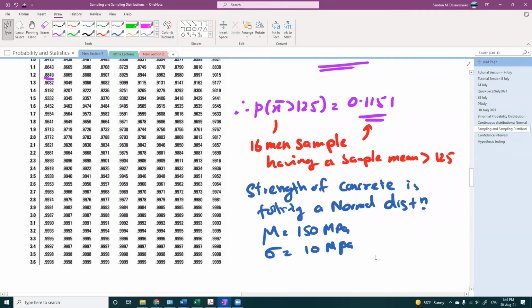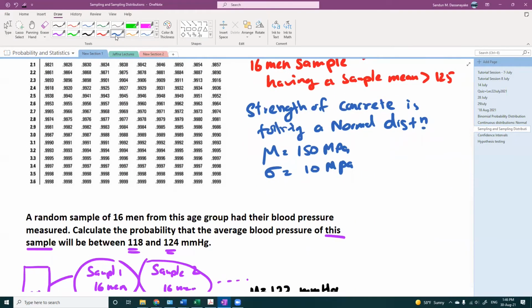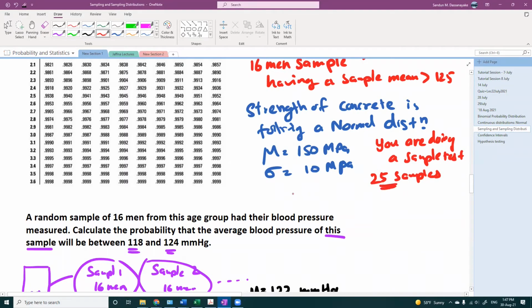And then you are doing some sample testing. You take say 25 samples, and the question is, what is the probability that the sample mean is greater than 150 megapascals?